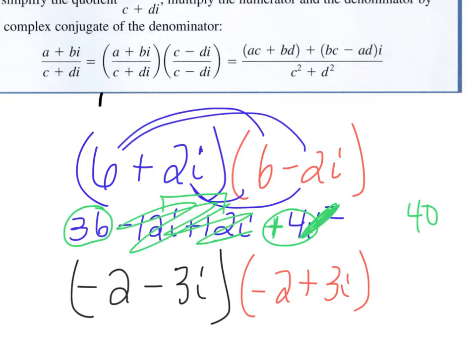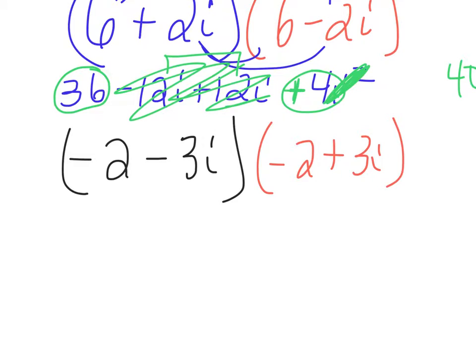So what happens when you multiply a complex number by its conjugate? You get a real number. What crosses out? What goes away? The i, the imaginary. Same thing here. Let's look. These are complex conjugates. What's negative 2 and negative 2? Positive 4. What's negative 2 and positive 3i? Negative 6i. What's negative 3i and a negative 2?